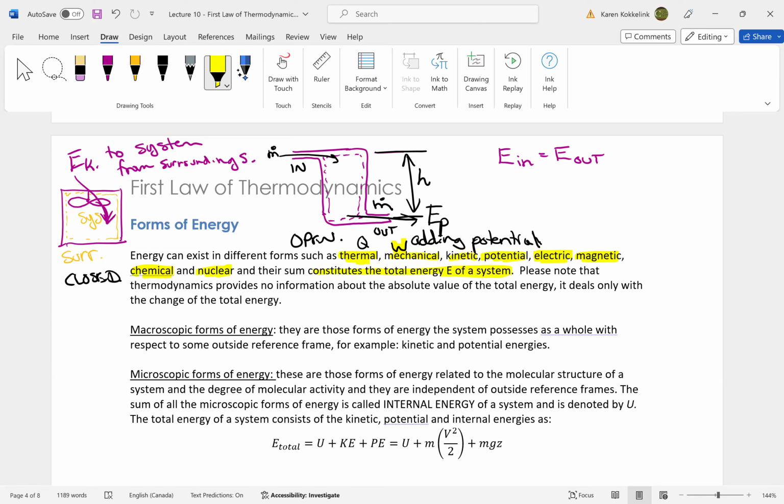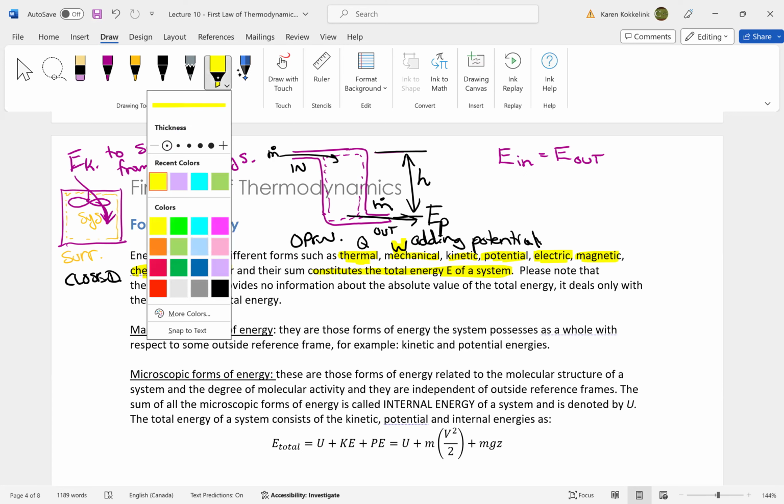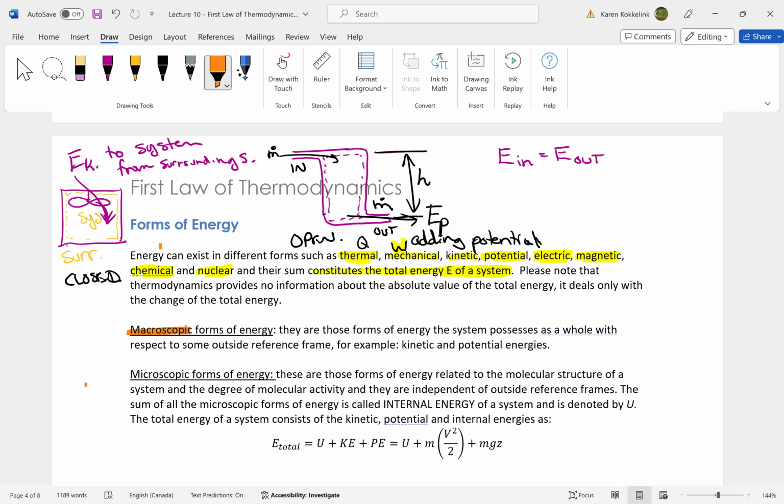We are never going to be really calculating the total amount of energy in the system, but we're going to be dealing with the changes in those energies from one side of the equation to the other side of the equation. We can further discriminate forms of energy into macroscopic and microscopic forms. Macroscopic ones are referenced to an outside reference frame, so the kinetic and potential energies.